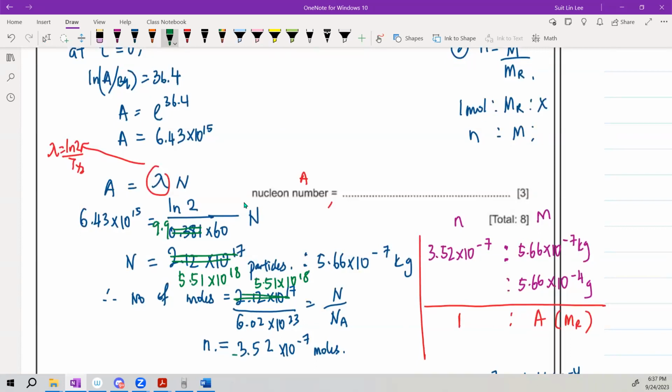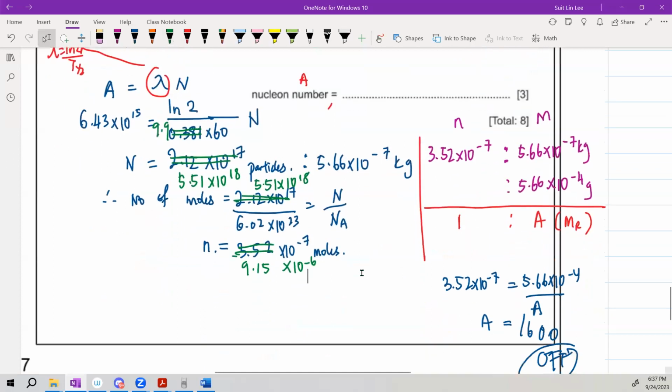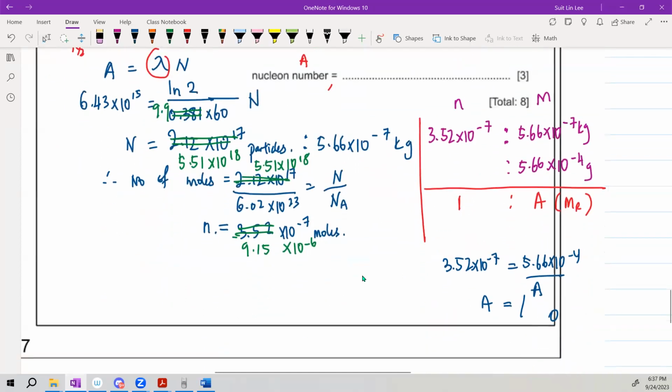Okay, so then this one would be 9.15 times 10 to the power of -6. If you repeat the ratio, which is this one, it would be 9.15 times 10 to the power of -6. Your A would be 61.8. The closest one would be 62, which is your molar mass.